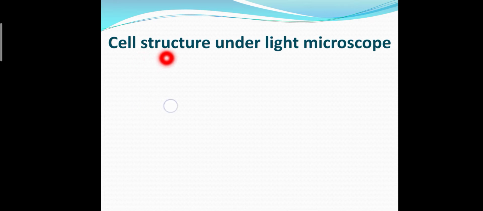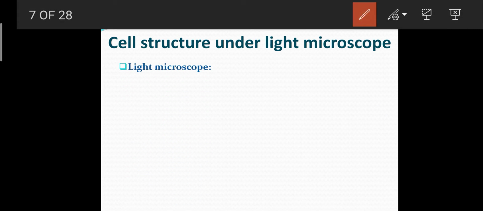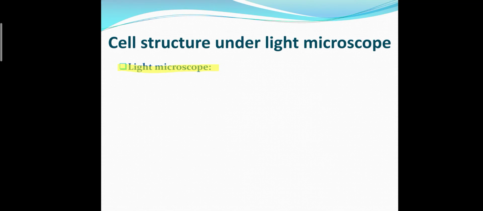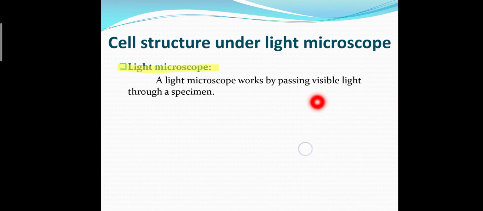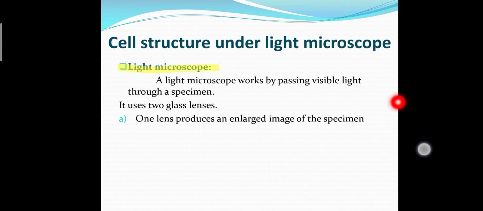Now we will discuss the structure of the cell under the light microscope. But firstly, we will talk about the light microscope. A light microscope is a microscope that works by passing visible light through a specimen. It uses two glass lenses.